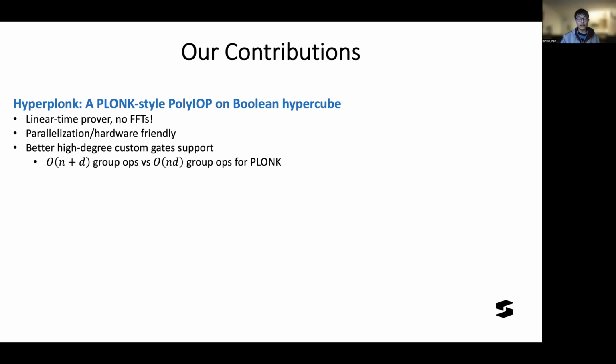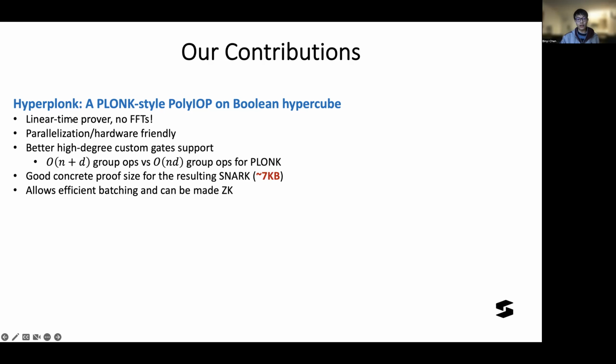In contrast, our poly-IOP, after plugging it into a PCS, only has additive complexity with respect to the number of gates and the degree of the gates. So it allows us to use much higher degree gates without affecting the performance of the proof system.